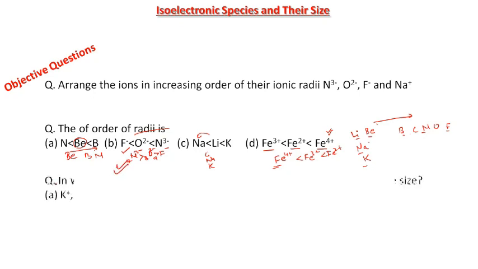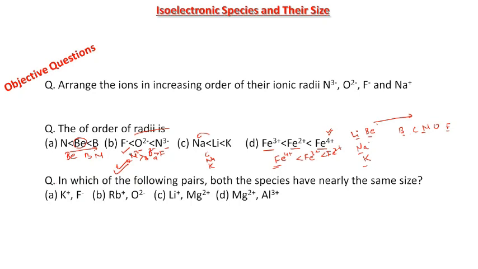The next is, in this, which of the following pairs have both the species with nearly the same size? So same size species. Here rubidium and oxygen do not have any comparison, so we rule out this option. Next is lithium and magnesium, which do not have any comparison because lithium is 3 and this is 12. So there is a big difference in their size.